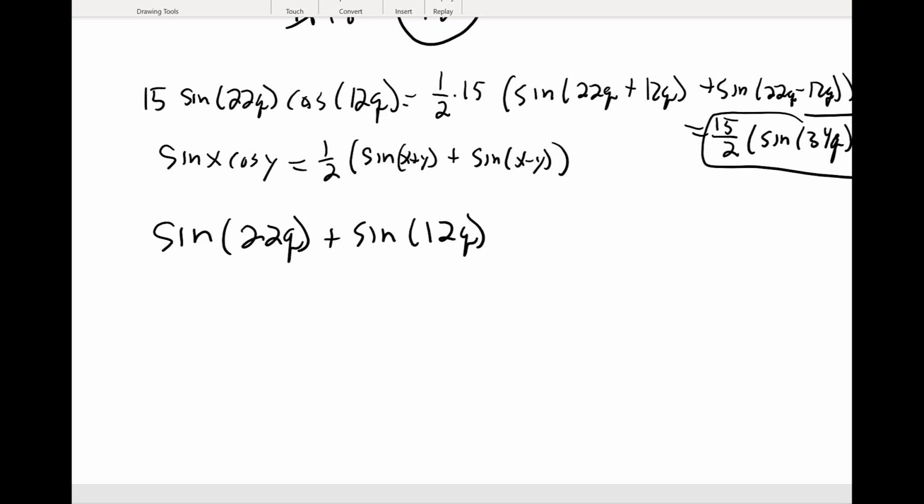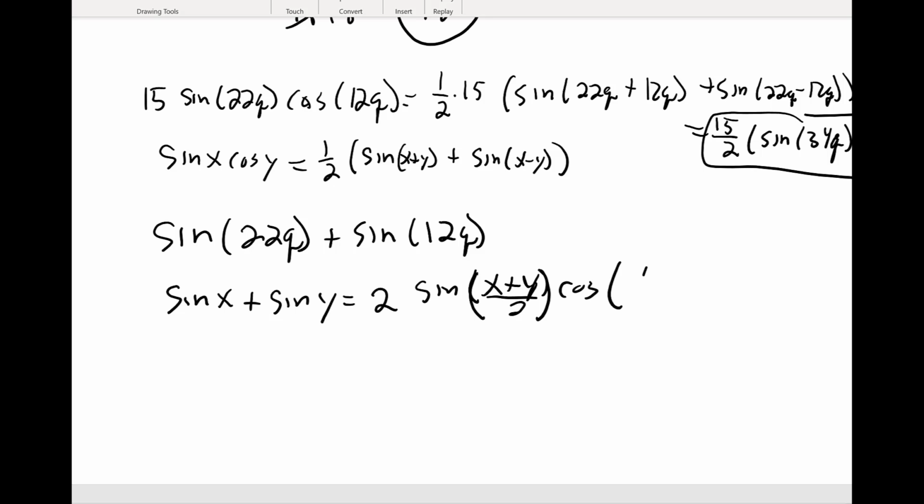So just remember in our formulas, sine of x plus sine of y is going to be 2 times sine of x plus y over 2 times cosine of x minus y over 2.